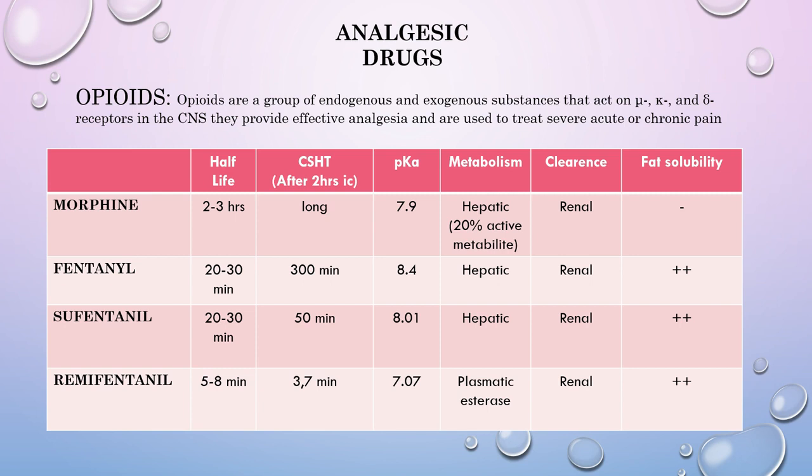Among all of these, maybe the best choice for continuous infusion in the intensive care unit is remifentanil, because of its short context-sensitive half-life, because of its extrahepatic metabolism, and also for its pKa that is lower than pH, and it guarantees a constant analgesic power of the drug over a wide range of modification of physiological pH, between 7.2 and 7.6. So this is a good choice.